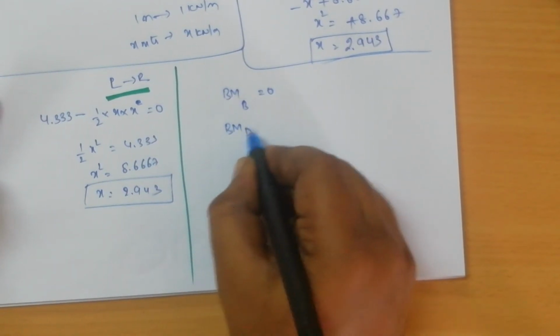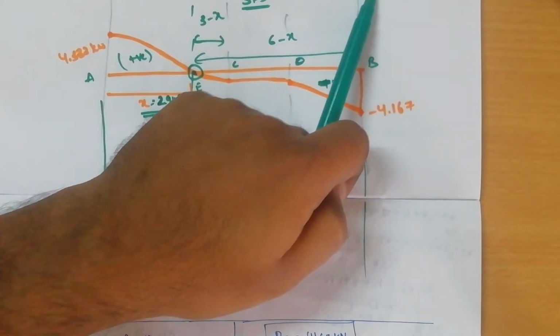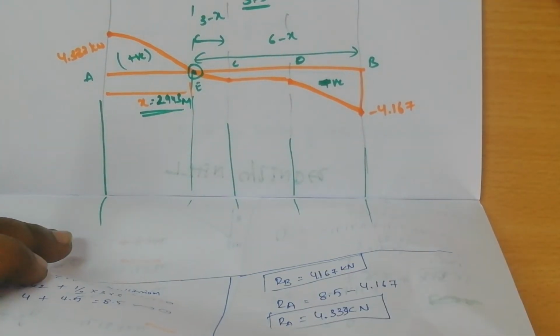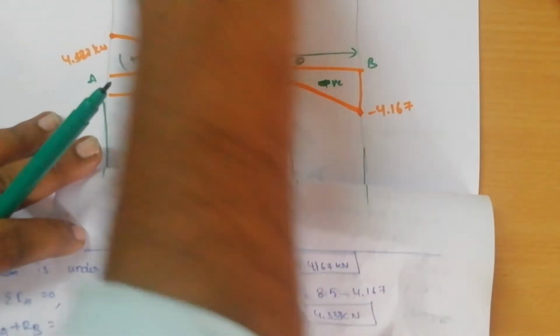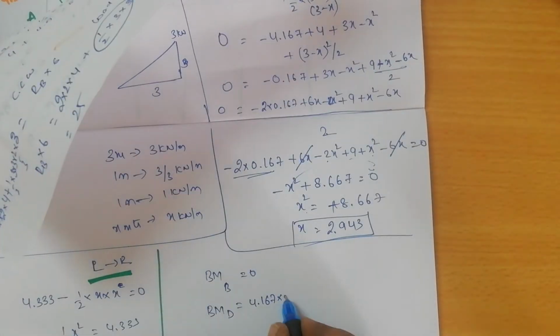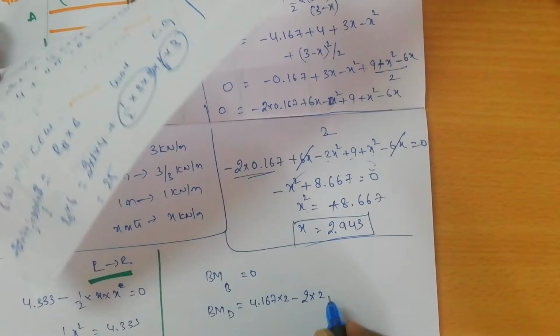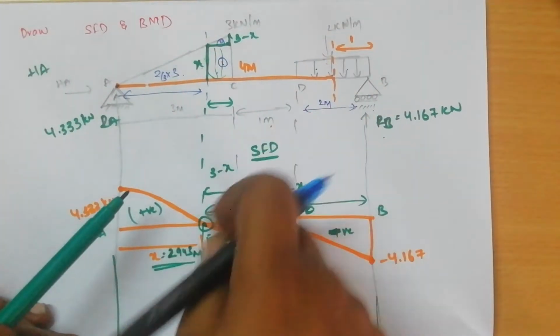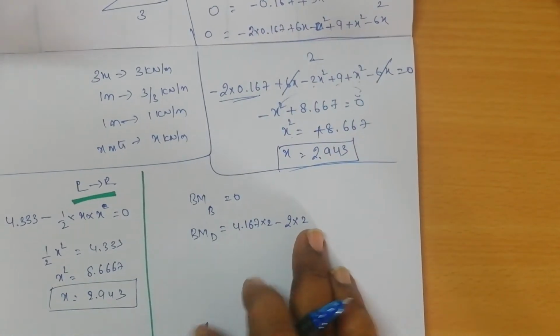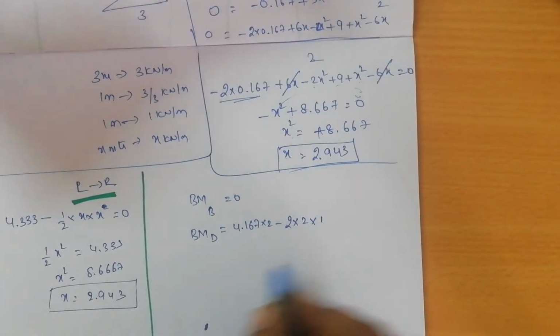Bending moment at point D, because of RB, you can see this is point D, this is RB. So RB value is 4.167 into 2, this is rotating anti-clockwise so positive, minus 2 into 2, because this is UDL, it rotates clockwise so minus, 2 into 2 into CG of that, which is 1.